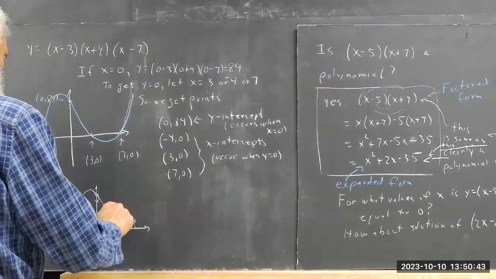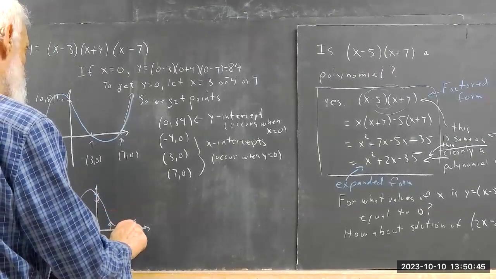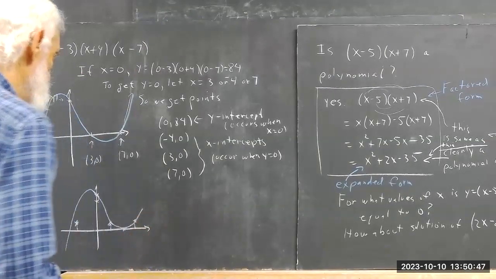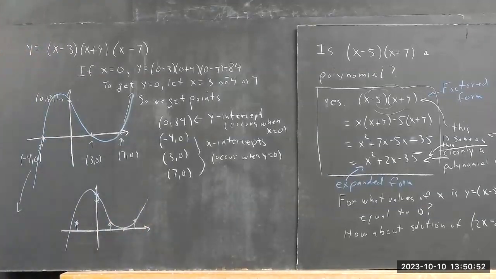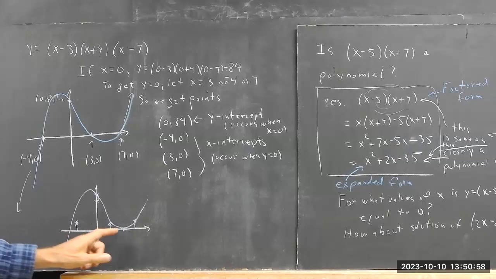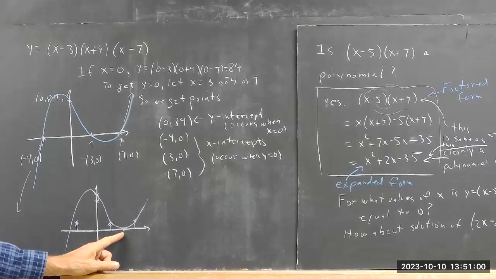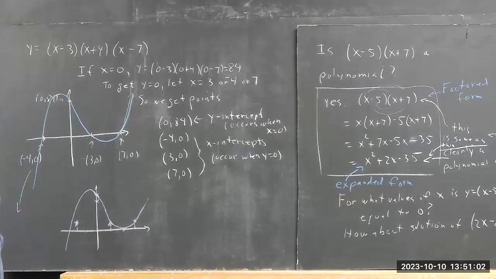The whole thing still has the same basic shape, but it looks kind of like this. Okay. If I do that, then the point where this touches the x-axis is temporarily a parabola.